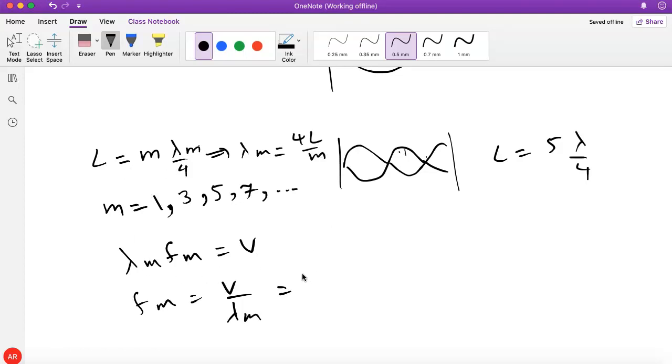So that's MV over 4L. Again, M is 1, 3, 5, etc.